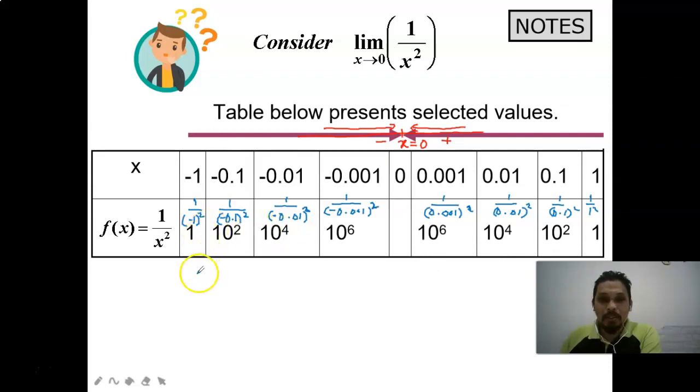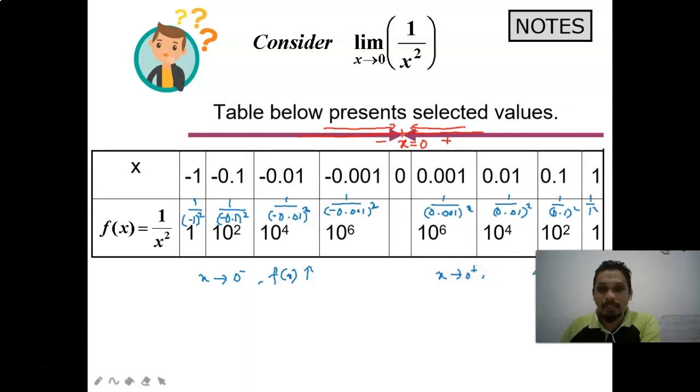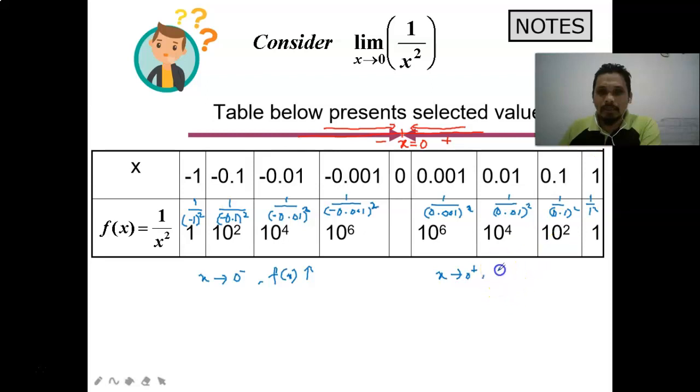when x approaches 0 from the left, the function f(x) increases, and also when x approaches 0 from the right side, the function f(x) increases to positive infinity, meaning that the value of y is getting bigger and bigger.